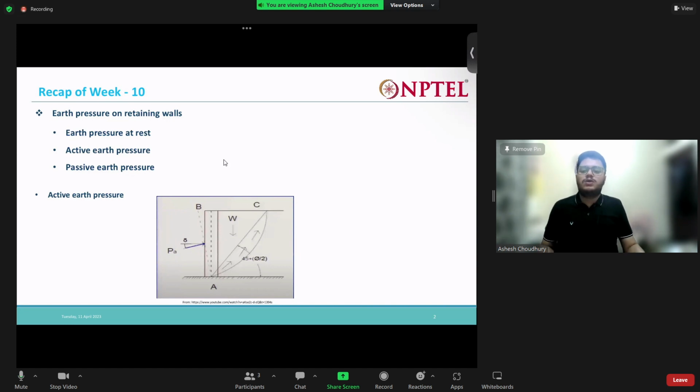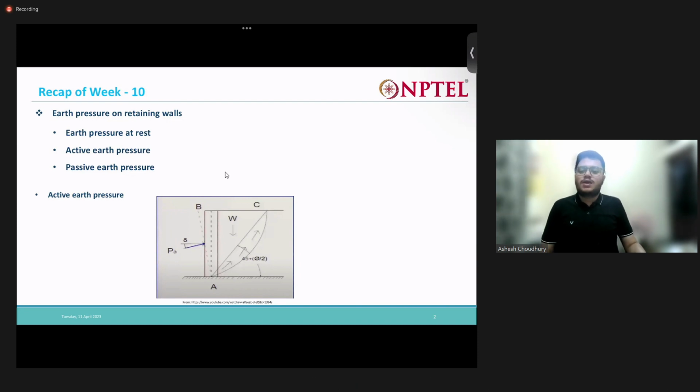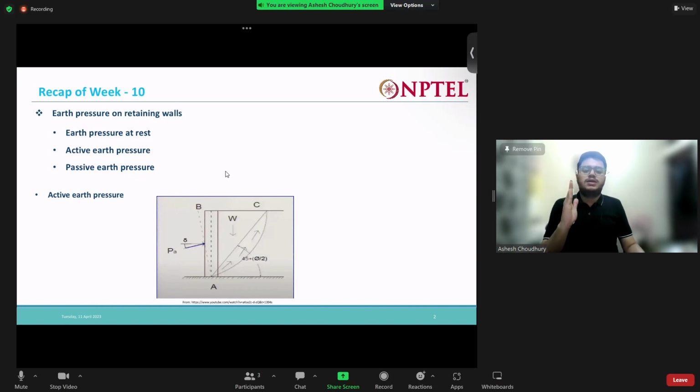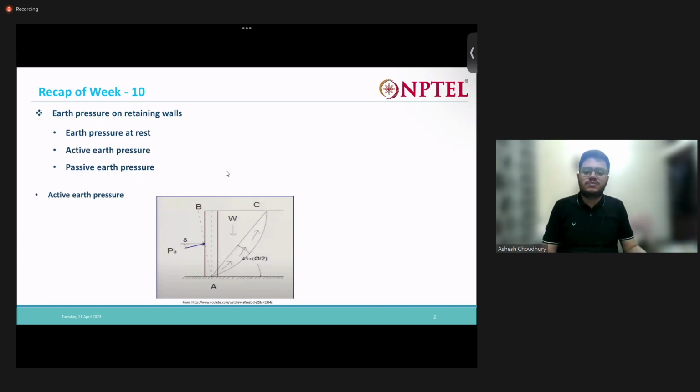The second one is active earth pressure, and the third one is passive earth pressure. Earth pressure at rest means there is a retaining wall, and that retaining wall is retaining some amount of soil. That soil is known as backfill soil.